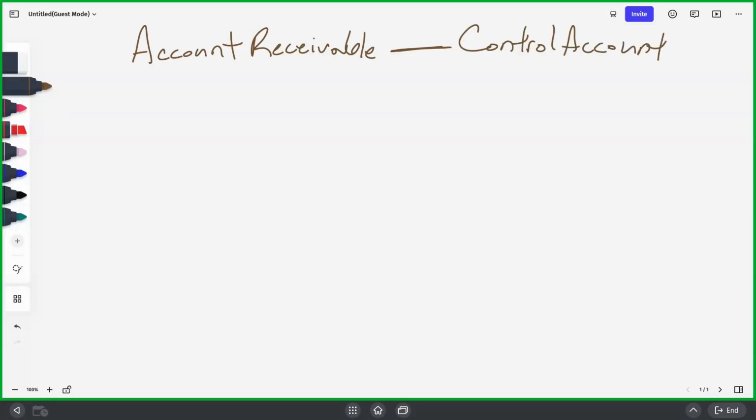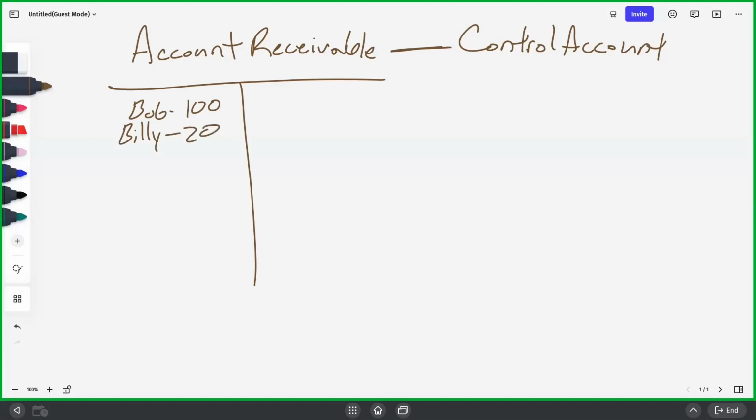So can anyone tell me what a subsidiary account is? Money accounts inside it. Customer. Tiny accounts inside of it. So it'd be like if you looked over here and saw these numbers, but immediately thought, oh right, Bob owes me $100, Billy owes me $200, Sherry owes me $300.